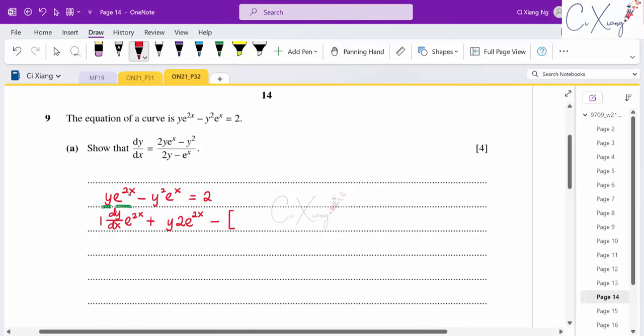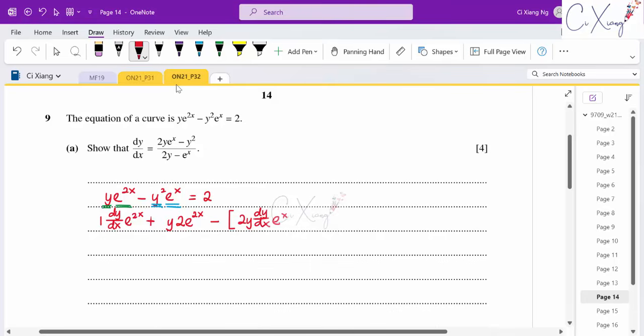Then minus. Now I want to differentiate the second term here. Again, you can see very clearly it is a product of two different functions. The first function is y squared, and the second function is e power x. I'm doing the same thing here. Differentiate the first bracket, I get 2y, and because this is related to y, I have to put dy/dx.